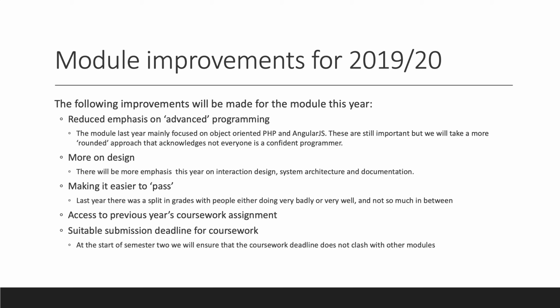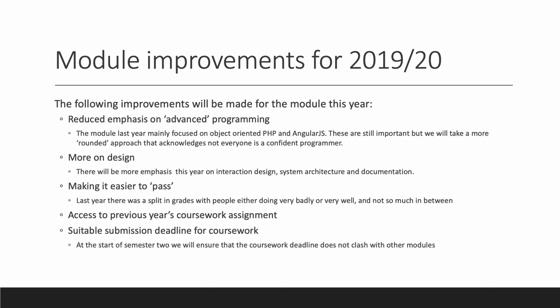This year we've made a number of improvements to the module over last year. This is following feedback from last year and following what I showed you on a previous slide about some people doing very well, but also some people not doing very well at all on the module. So to address that, we've reduced the emphasis on advanced programming in the module. By that, I don't mean that there'll be less programming.